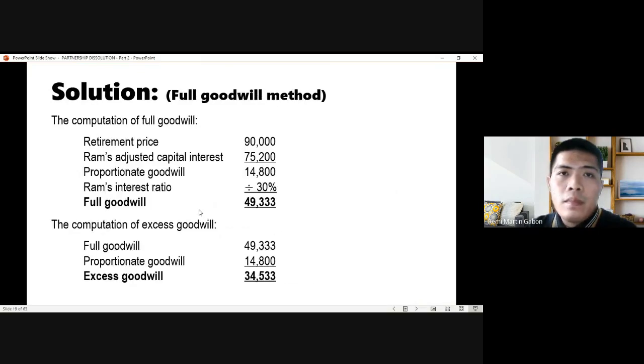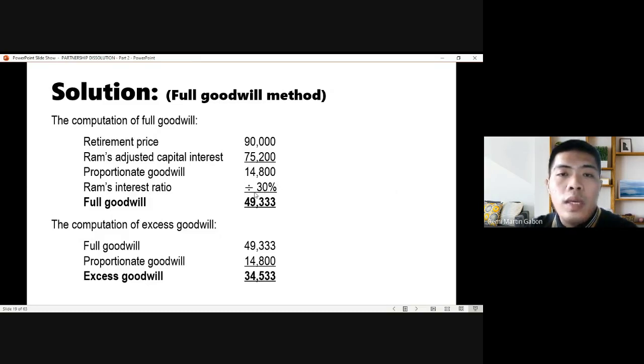Okay? If we have the full goodwill method, this time the remaining partners share in the excess. So the computation of the full goodwill: retirement price of 90,000, RAM's adjusted capital interest of 75,200, then again, this 14,800 earlier is a proportionate goodwill. To compute the full goodwill, we have to gross this up using RAM's interest ratio of 30%.